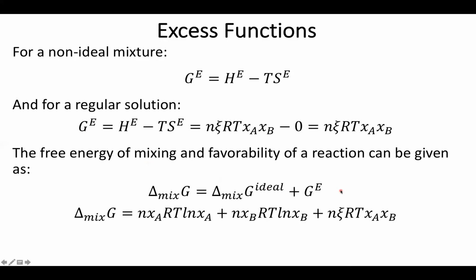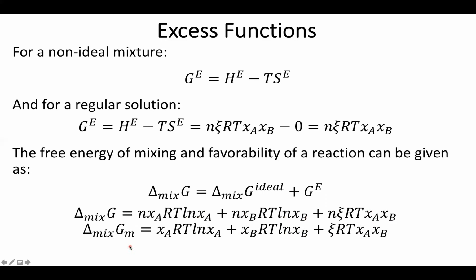And when I combine these two functions together, what we end up with is an expression that combines the natural log of the two mole fractions, as well as essentially just the straight multiplication factored in by this strength of the interaction. Now, again, it's worth noting that this is going to be a size extensive property. And if I want to make it more size intensive, we can divide all sides by the common shared total number of moles, which is going to be much more useful for a real system.